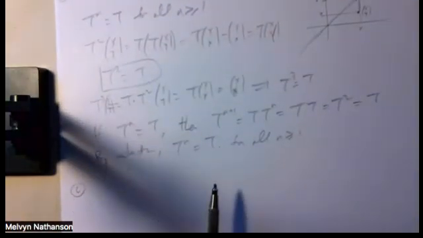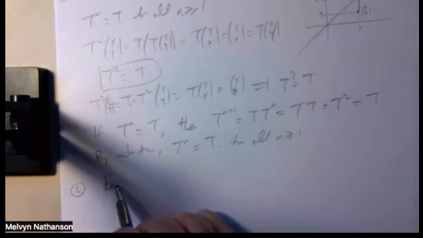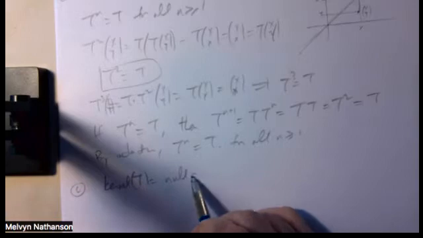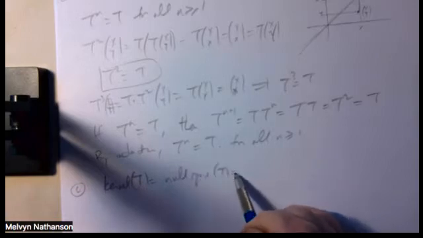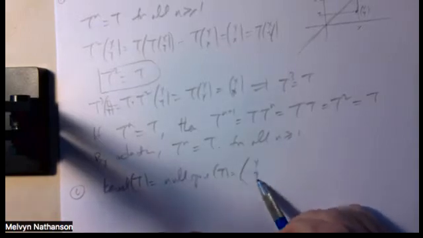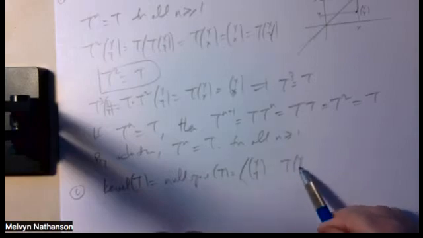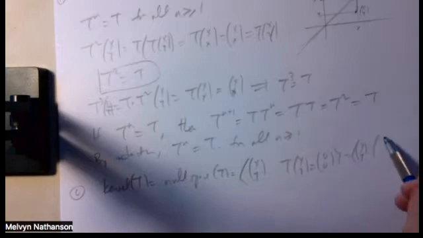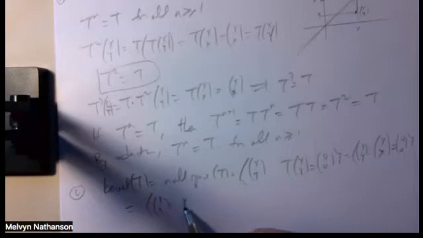Part C is to compute the kernel. So the kernel of T, or the null space of T, is all vectors XY such that T of XY is 0. But what is T of XY? XX equals 0, which means it's all vectors XY where X equals 0.